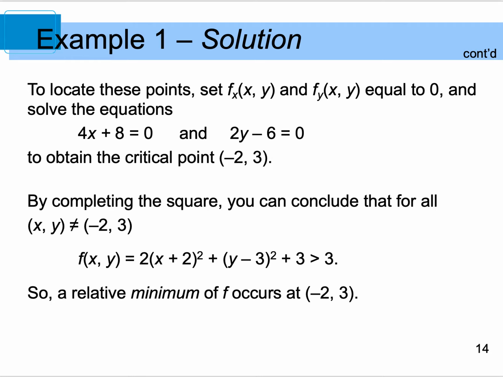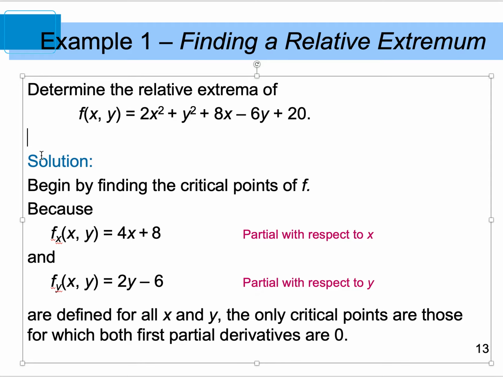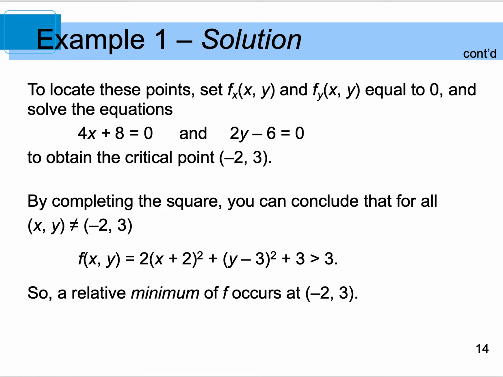So how do I get to somewhere where I'm looking at this plane? Well, I'm going to go back here, and I'm going to take x and y and substitute for x and y, so that by completing the square, I can conclude that f(x, y) does not equal f(-2, 3). So there's a relative minimum.